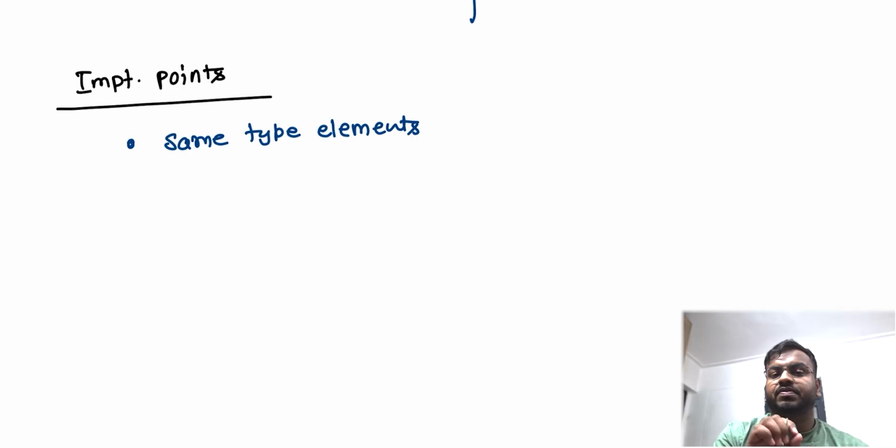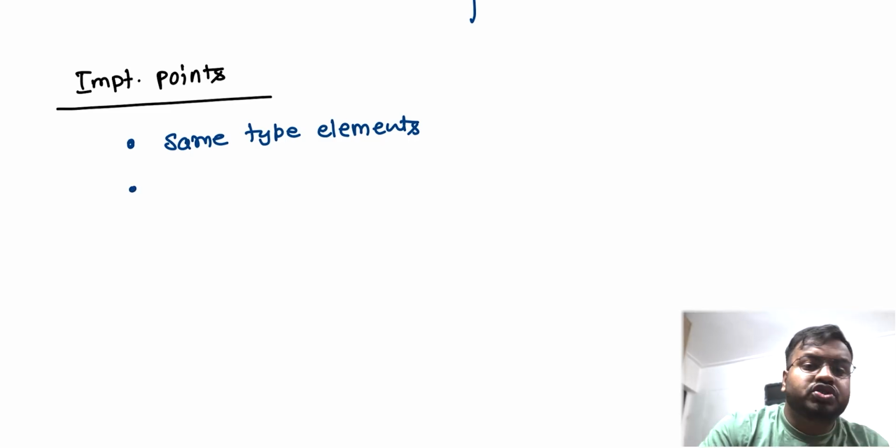For example, if you declare an array to store integer data, every element should be an integer. Otherwise it will show undefined behavior, for example there will be some data loss.